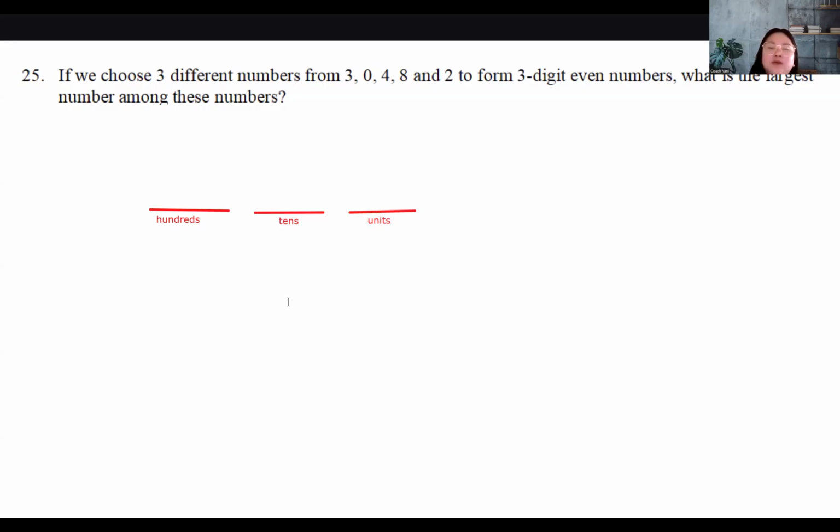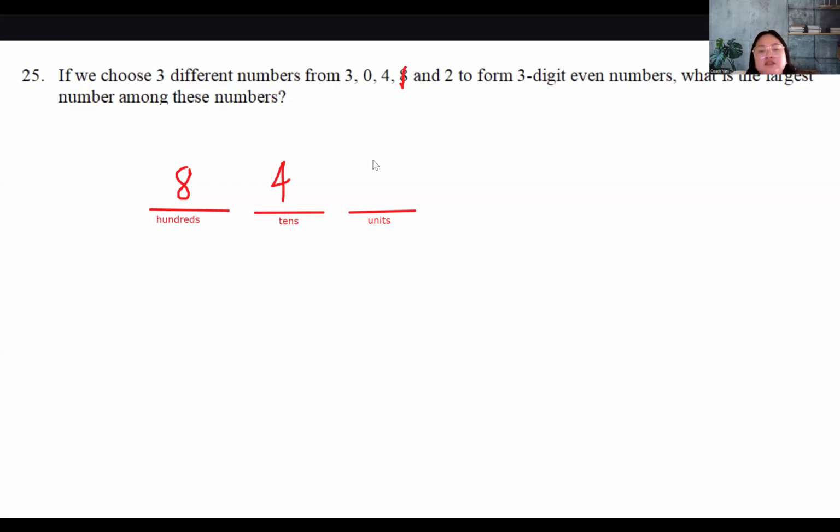Now, you want the largest. So, if you want the largest, you need to put the largest number in the biggest place value. So, that means the largest digit here is 8. You got it? So, this is check na, or this is done na. Now, what's the next number? The next largest is 4.